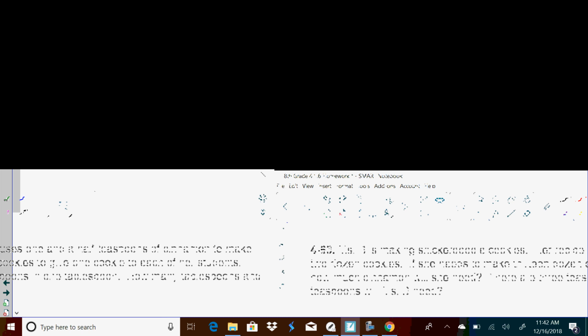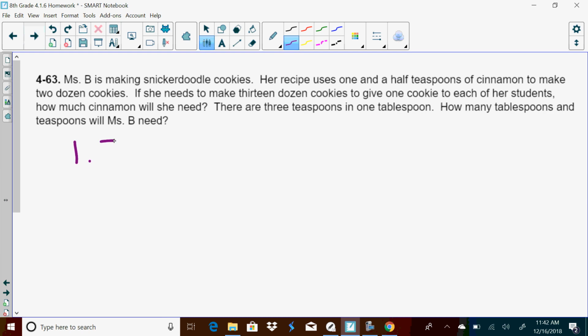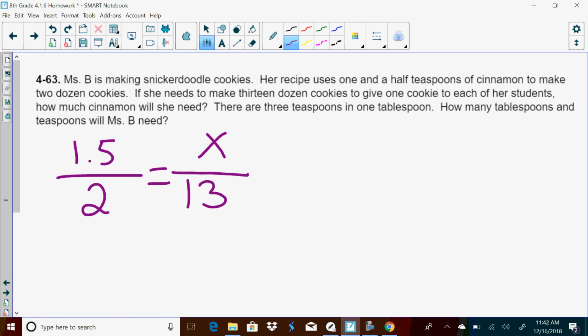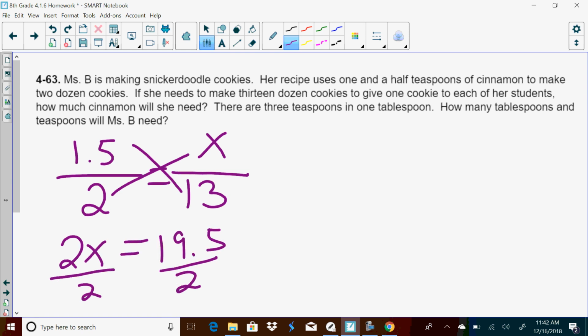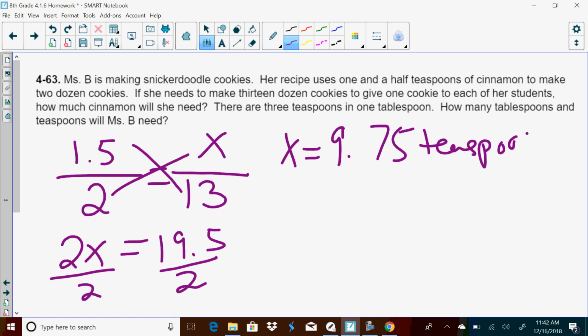So first I wrote a proportion. I did 1.5 over 2 dozen equals x over 13 dozen to figure out how much total cinnamon I needed. So I got 2x equals 19.5. So I need 9.75 teaspoons, but it told me that I want my answer in tablespoons and teaspoons.